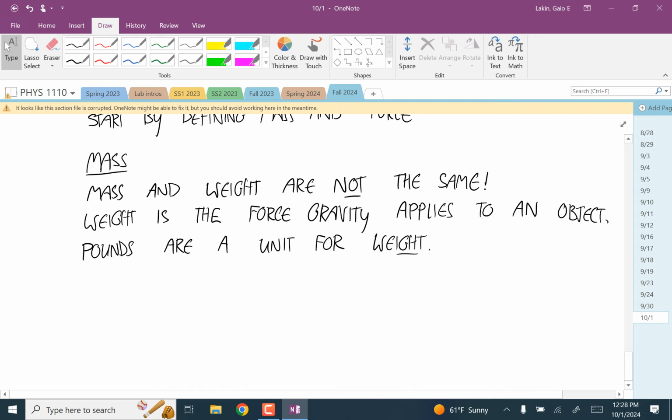So what is mass? Mass is a measure of an object's resistance to acceleration.